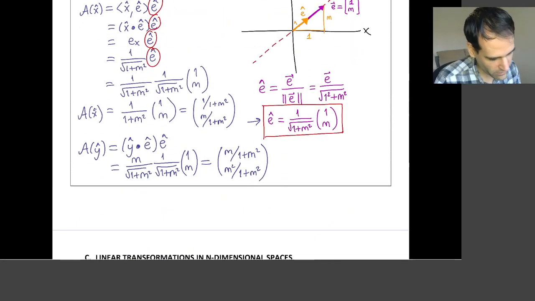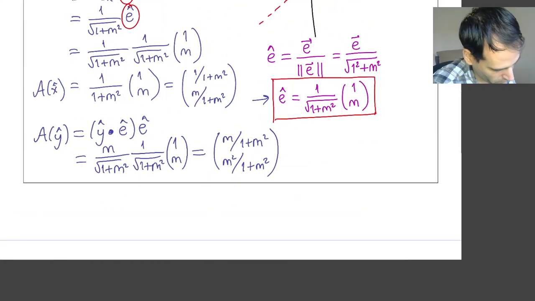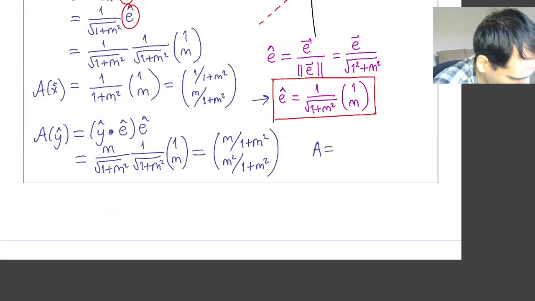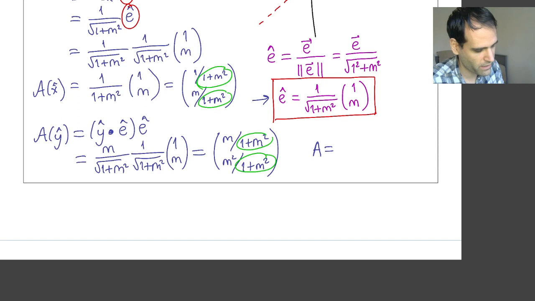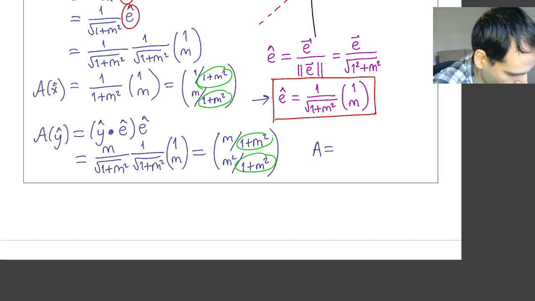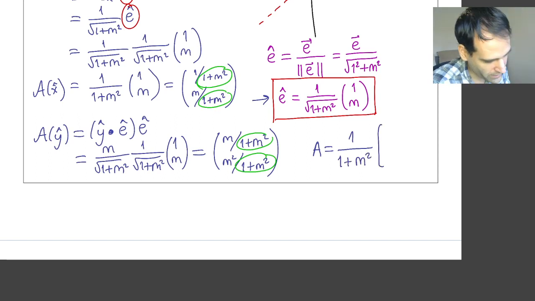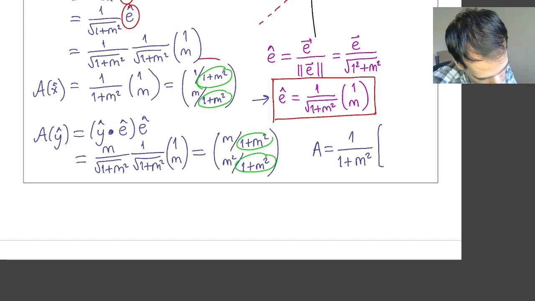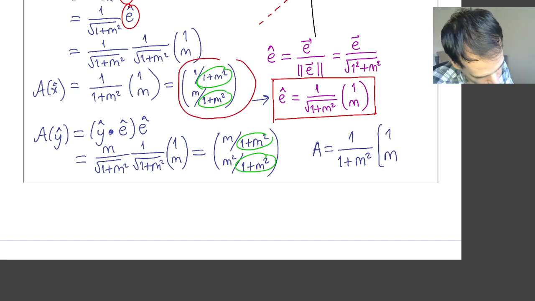So now we have the second column, which goes here. How does the total matrix look? Our matrix A is equal to, we can take a factor of 1 divided by 1 plus m squared outside, because it appears in every single term in the matrix. And then inside the matrix, we write the first column, which is (1, m), and the second column, which is (m, m squared).